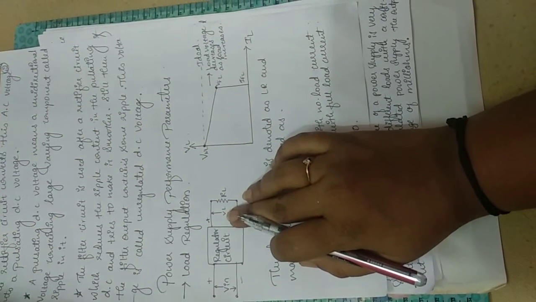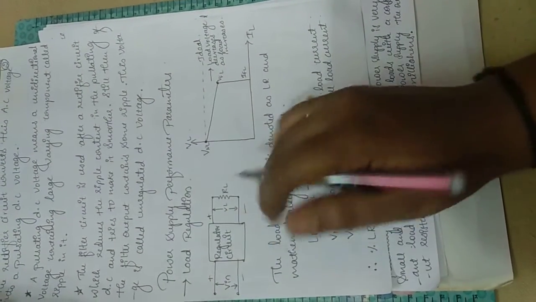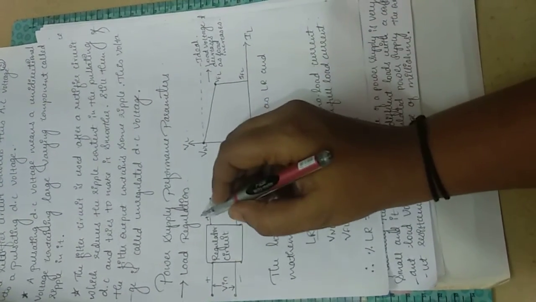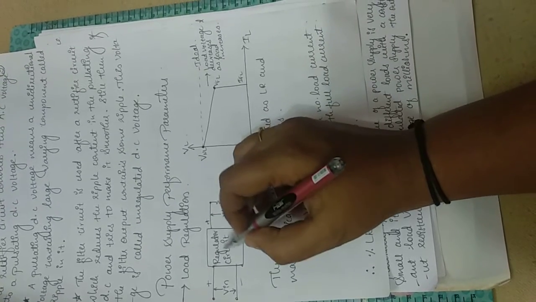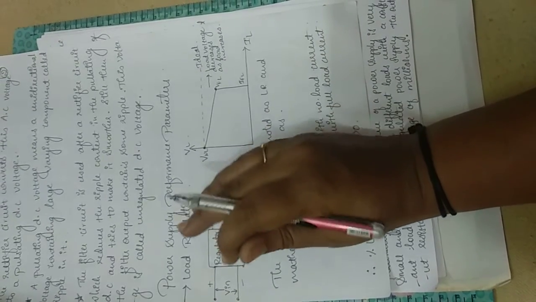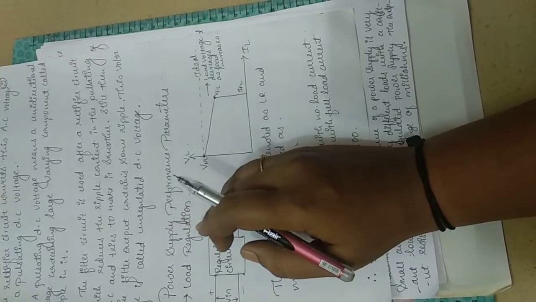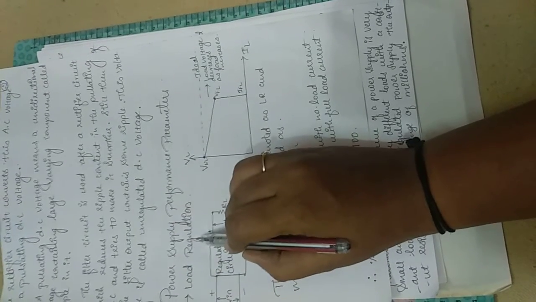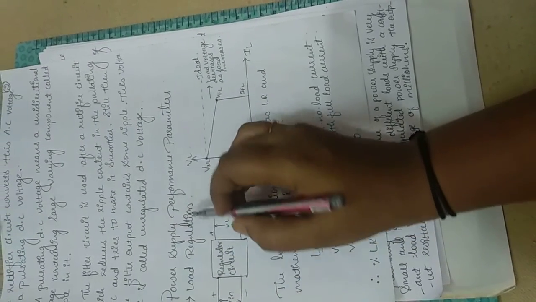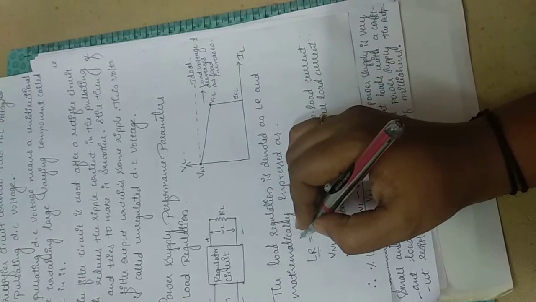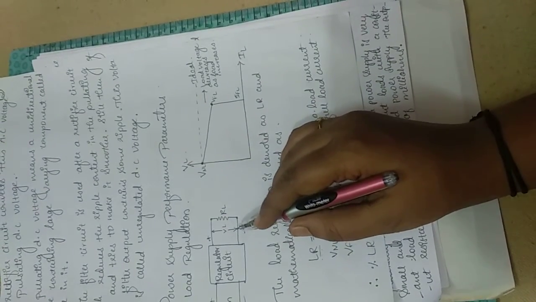Under load regulation, when the load current is changed from minimum load to maximum load, that is no load to full load, the load regulation is the change in the regulated output voltage.